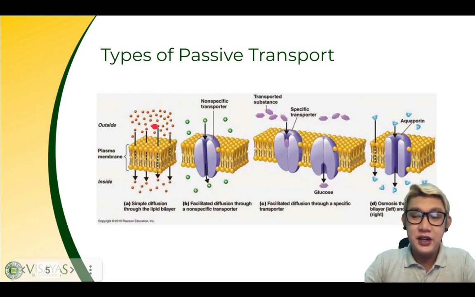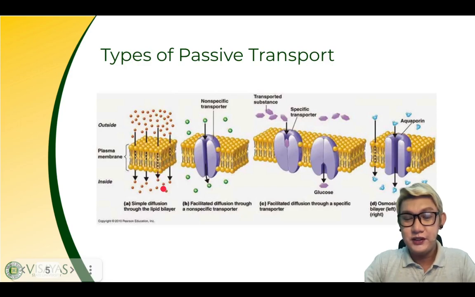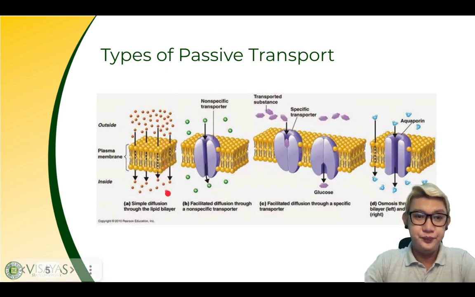Bigger molecules cannot, so they need special proteins in order to pass through. But again, the concept of simple diffusion is a transport of molecules from an area of higher concentration to an area of lower concentration until an equilibrium is reached. So meaning it just goes with the flow.